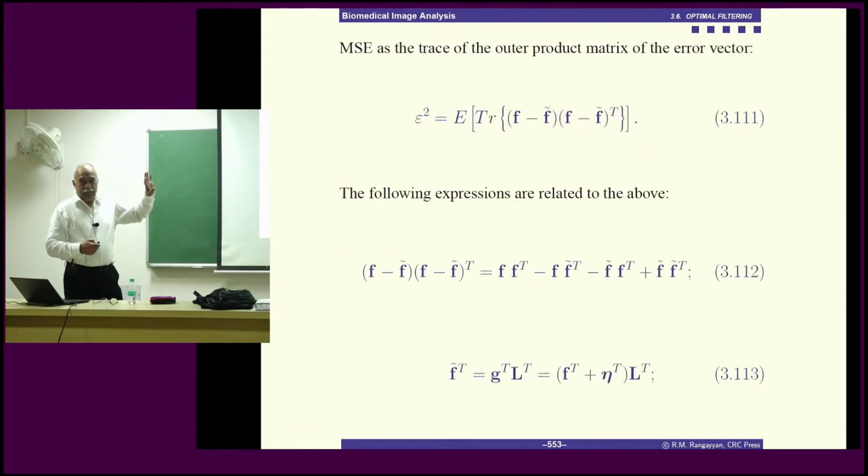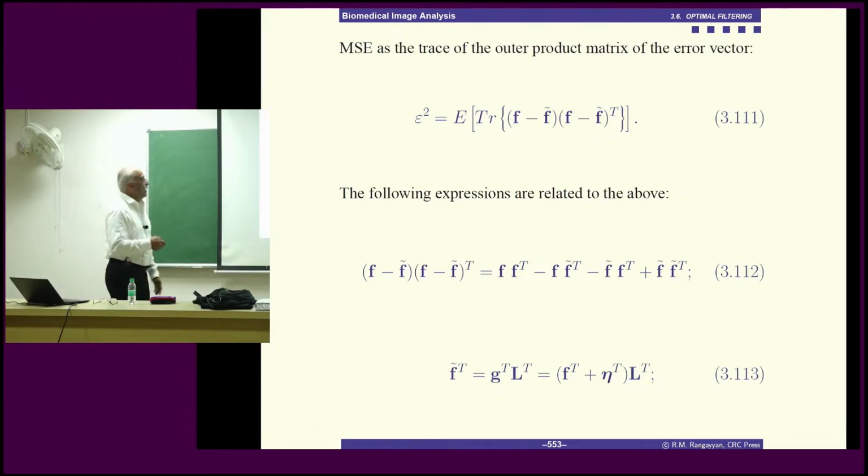For the formulation to get the cross terms here, the energy of the error is defined not using the dot product, but as the trace of the cross product, F minus F tilde, F minus F tilde transpose.